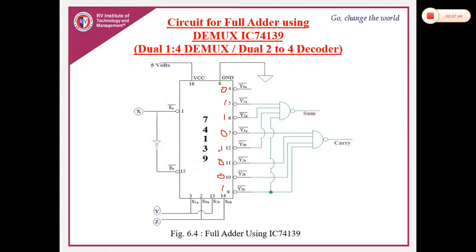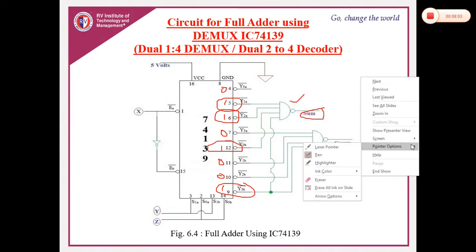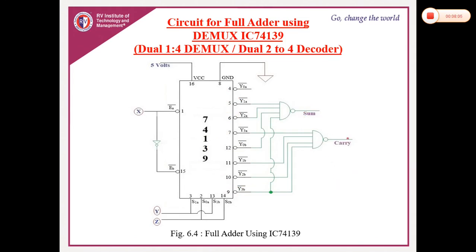Okay, so wherever 1 is there, just concentrate this pin, this pin, this pin and this pin. So what I need to do, I need to use a 4 input NAND gate, 1 2 3 and 4. So these 4 inputs I have to give, and whatever I get is sum. Okay, so this is how you are supposed to connect. Okay, this circuit. Next, how to get carry.